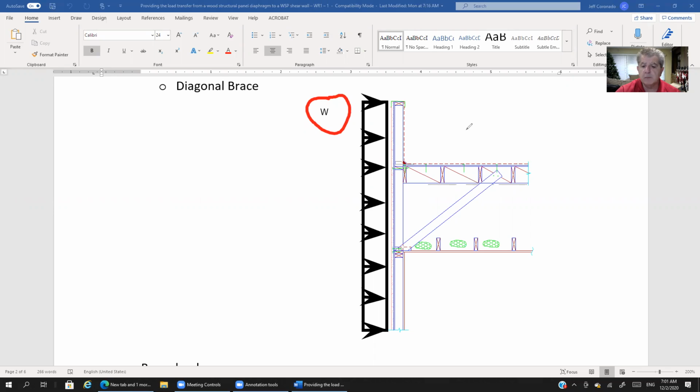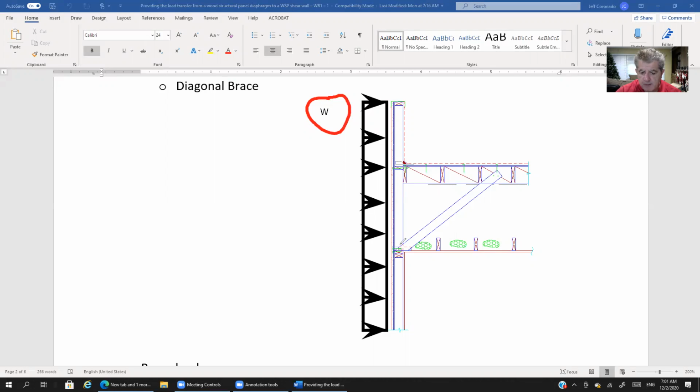The wind pressure can be a positive pressure, it can be a negative pressure. To get more into that, there's other sessions in Bridging the Gap that cover that. So by all means, if there's a specific question in one of those areas, let me know and I'll try to point you in the right direction. So here is the force acting out of plane to the wall.